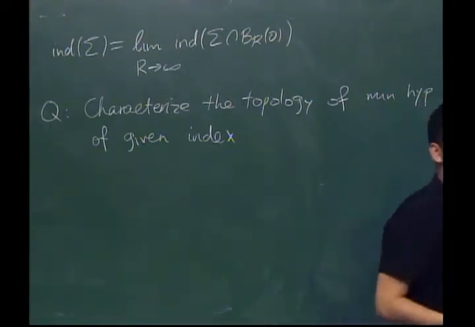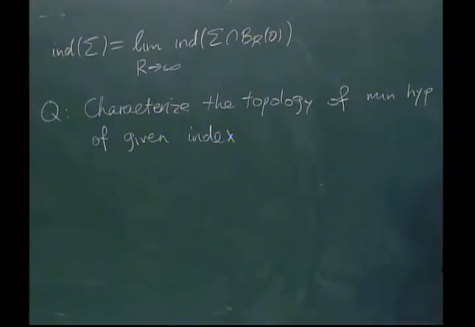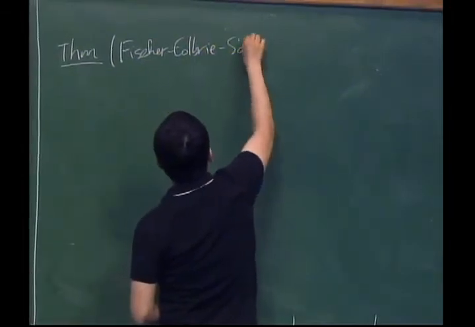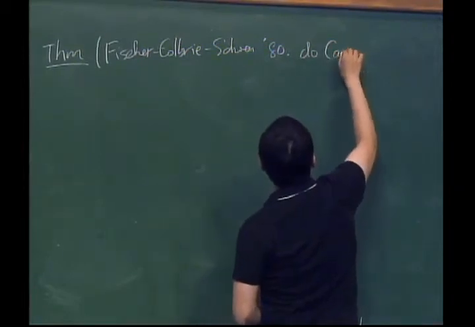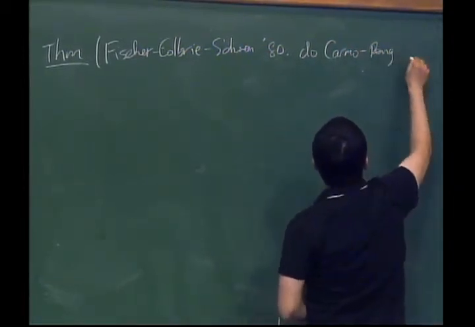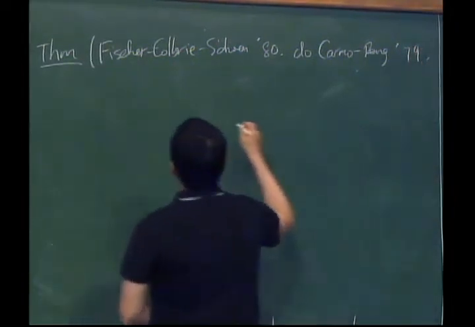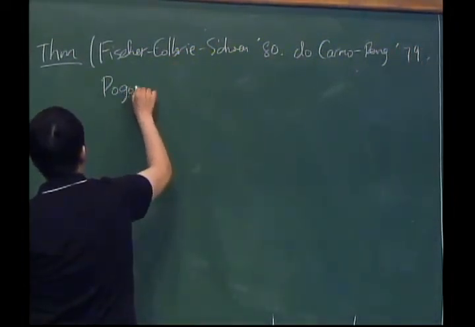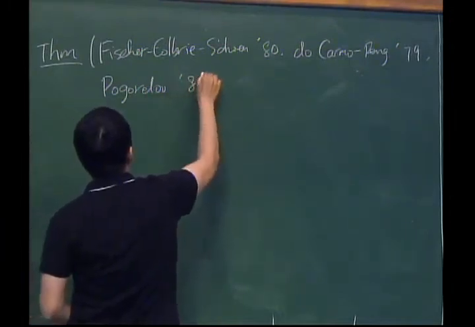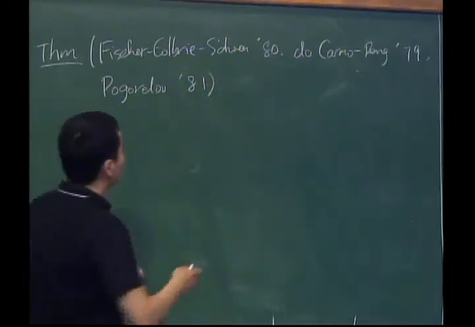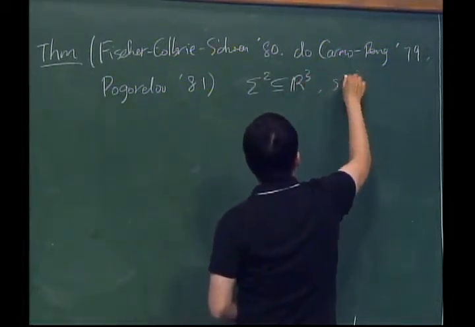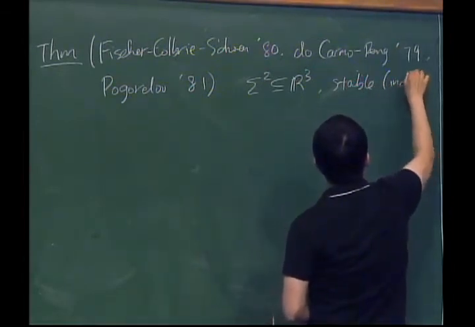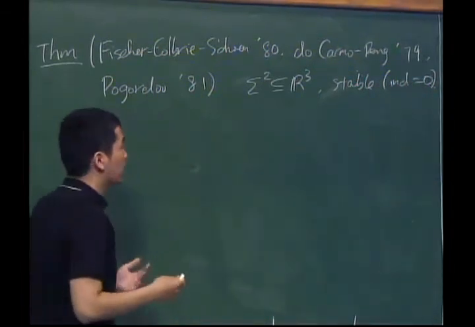For example, the most fundamental one maybe is due to Fischer-Colbrie and Schoen, shown in 80, and independently by do Carmo and Peng in 79, and also independently by Pogorelov in 81, which says that if you have a two-dimensional surface in R3 and it is stable, where stable means index is 0, then it has to be the plane.